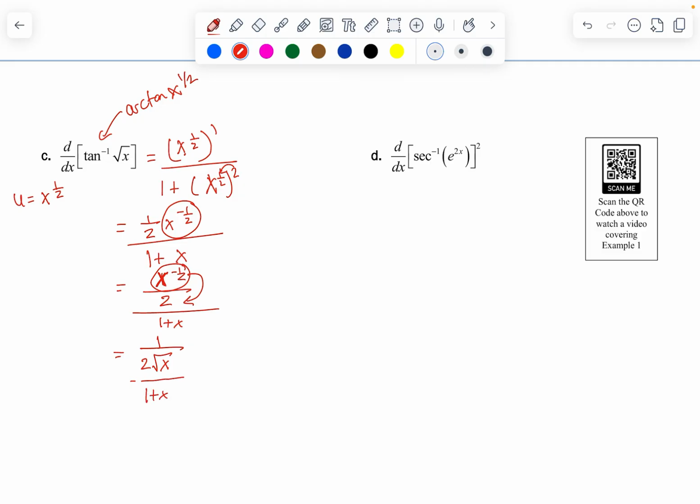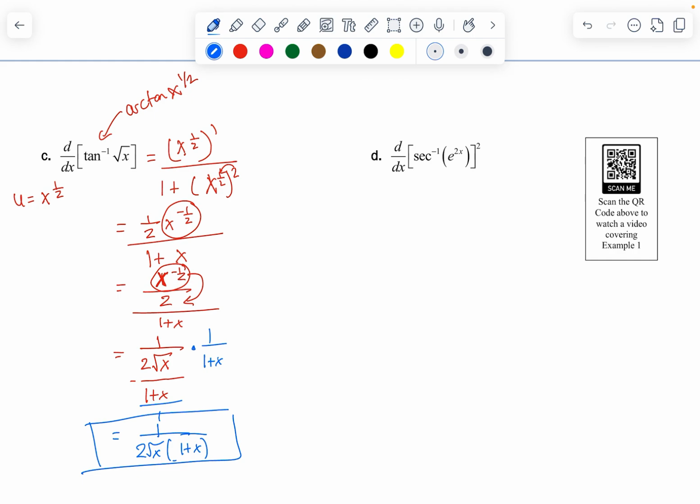But we can't have double fractions. So what we're going to do is flip the guy and multiply. So the answer here ends up being 1 over 2 square root of x times 1 plus x. And you would leave it just like this. If you wanted to simplify it a little bit more, you could, but that's a sufficient answer.